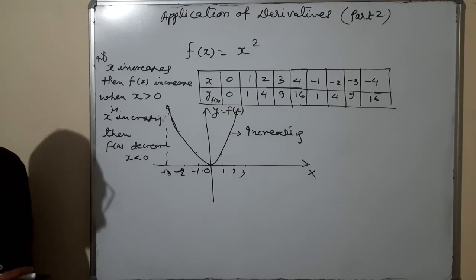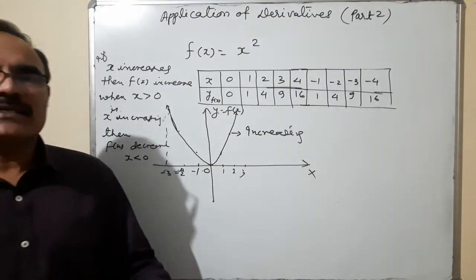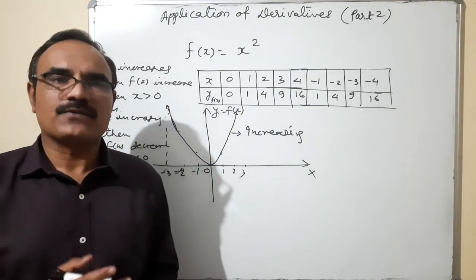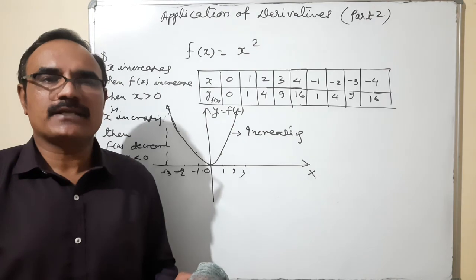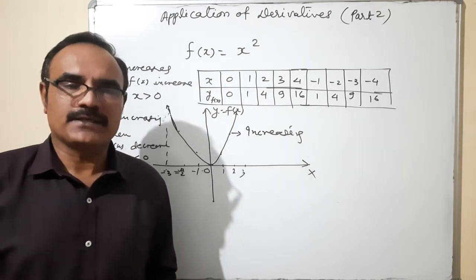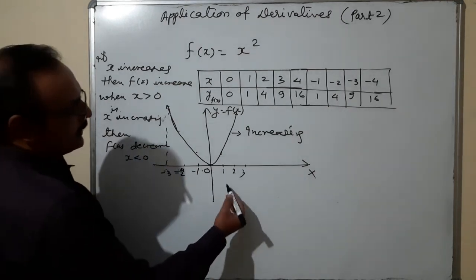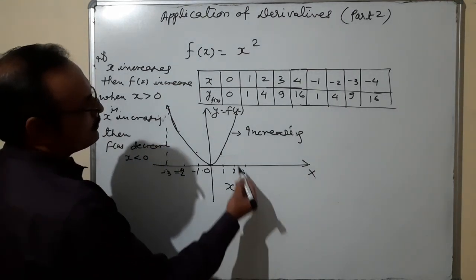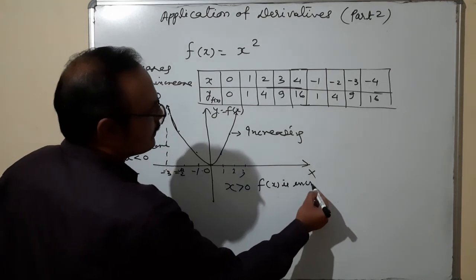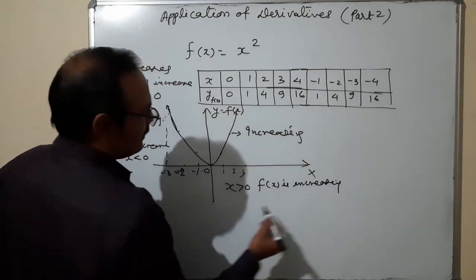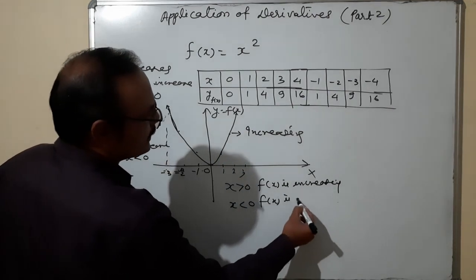Is that okay? So what is the conclusion? If x increases and f of x increases, the function is increasing, but if x increases and f of x decreases, the function is decreasing. So when x is greater than 0, f of x is increasing, and when x is less than 0, f of x is decreasing.